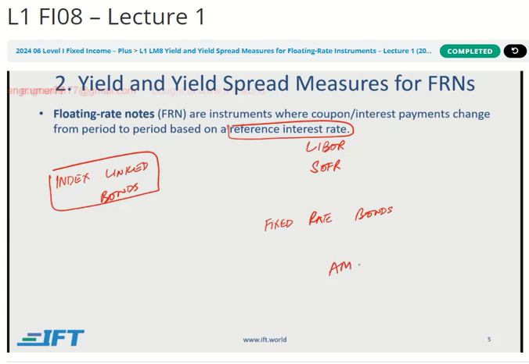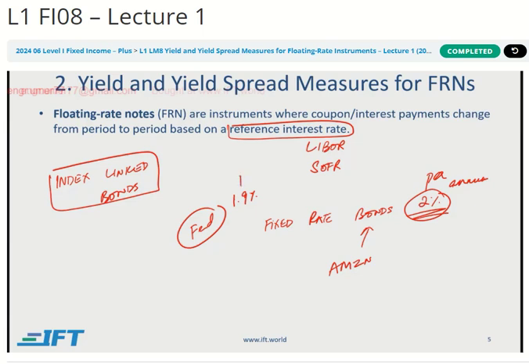So let's say Amazon offers a fixed rate bond of 2% per annum, right? And at that time, let's say the interest rate is also close to 2%. Let's say the Federal Reserve is offering a rate of 1.9%. So you go for that fixed rate of 2% because it's higher than 1.9.